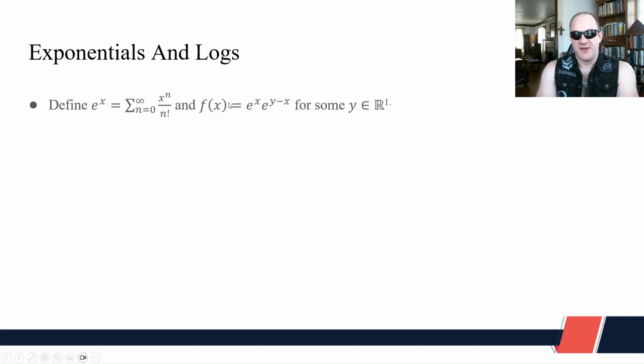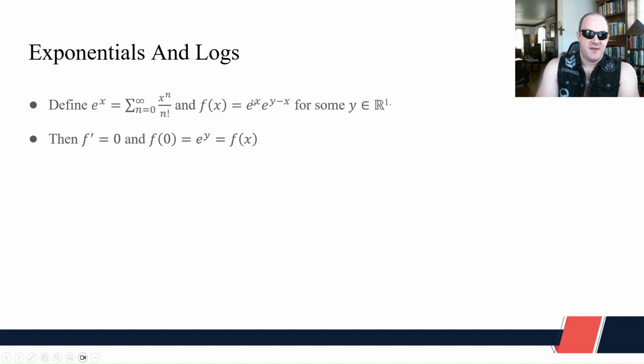So you define this function here and you differentiate it, and what happens is when you apply the product rule and the chain rule for the second term here, or the second factor here, as well as the fact that the derivative of e to the x is e to the x, what you find is that when you take the derivative of this function, you get that f prime is 0, which means that f is a constant, which means that when I evaluate f at 0, I should get whatever the function is equal to, which is apparently e to the y.